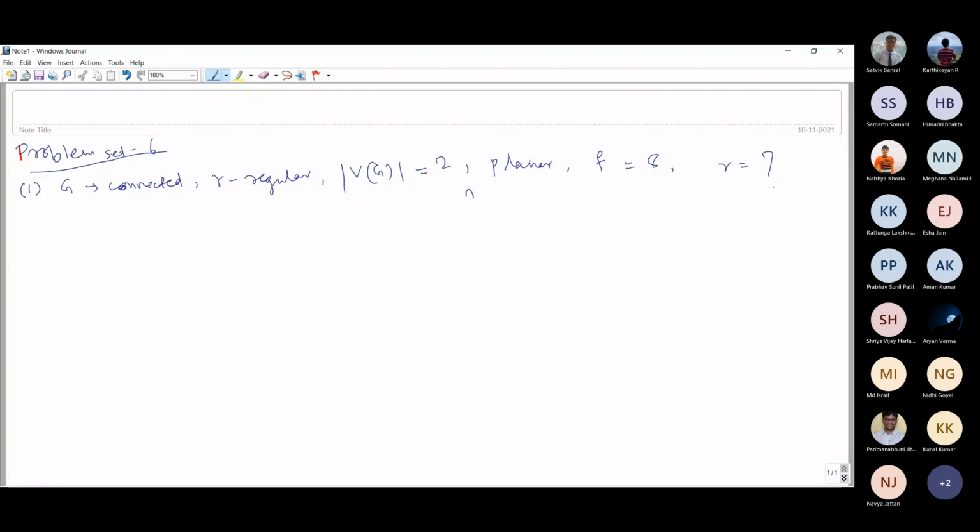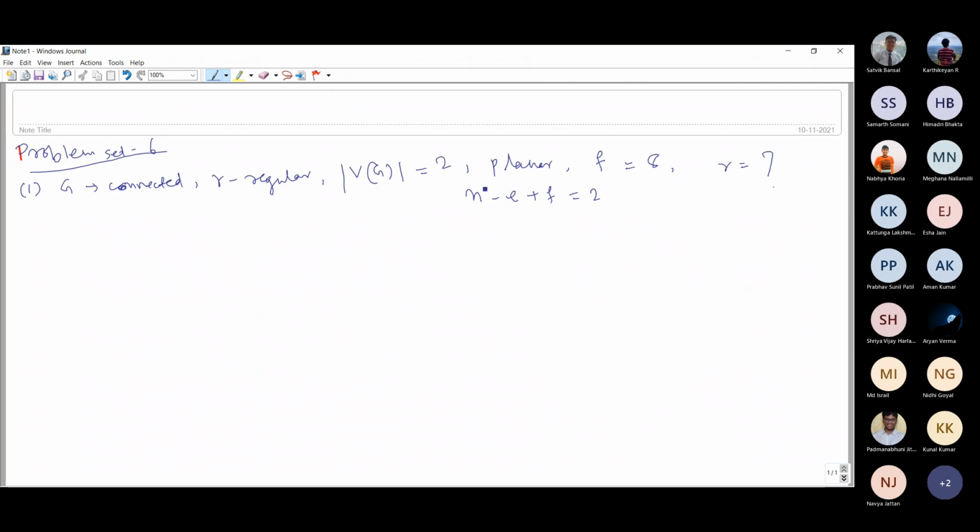Euler's formula says n minus e plus f is equal to 2. Here, if it is a regular graph, then r can be written in terms of n and e.